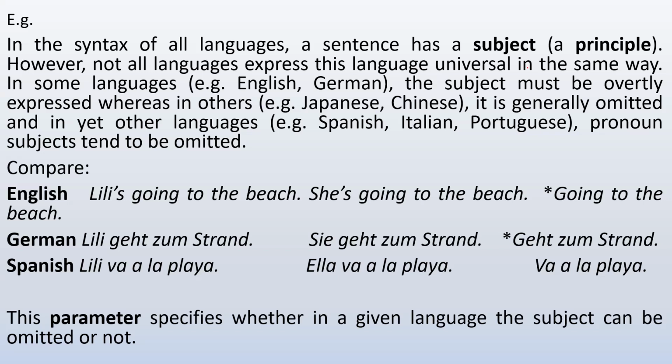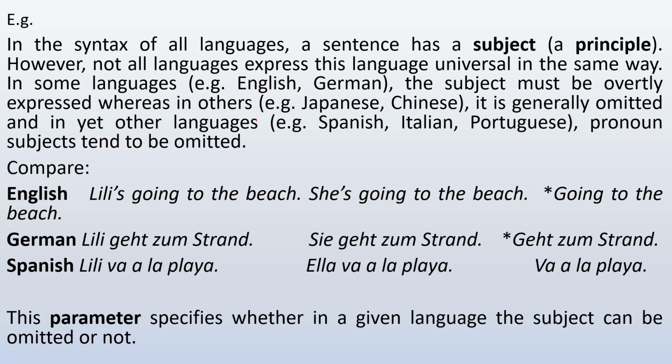But see how the use of this subject changes from language to language. However, not all languages express this language universal in the same way. Although a sentence has a subject, in some languages like English and German, the subject must be overtly expressed.